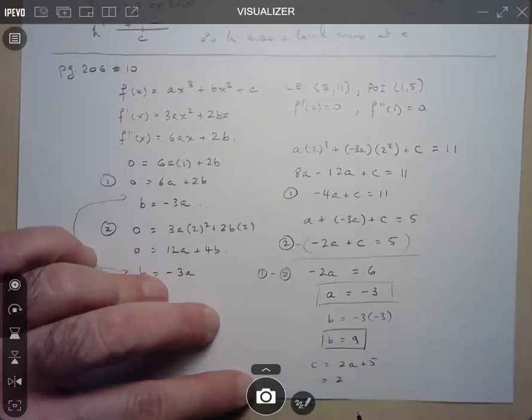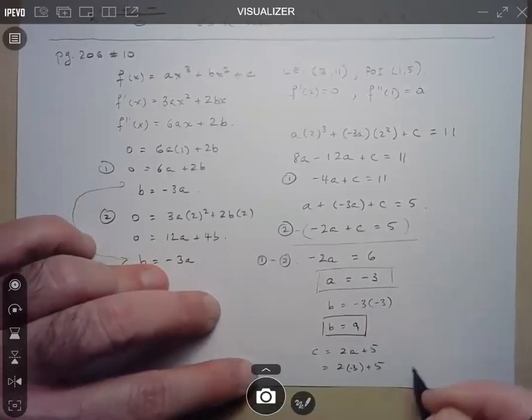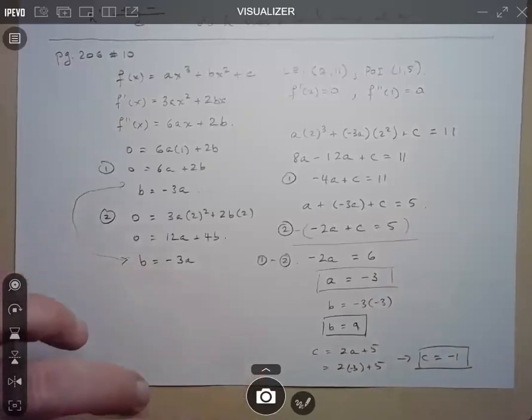So 2 times negative 3 plus 5. So c is equal to negative 6 plus 5, negative 1. That seems to be our 3 values.